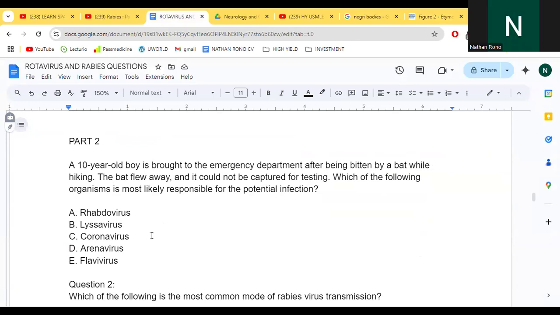Rhabdovirus, Lyssavirus, coronavirus, arenavirus, flavivirus. Answers?